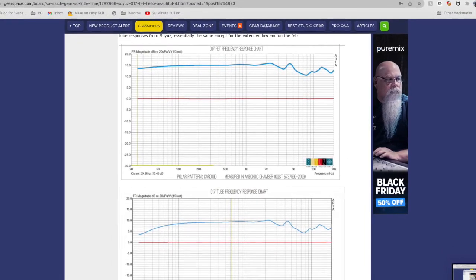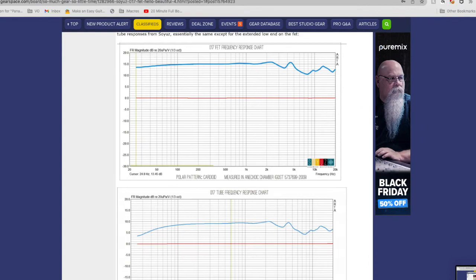This low-end drop-off from 100 down is very 87-like. But that top end, the upper mids and the highs, nothing like that at all.